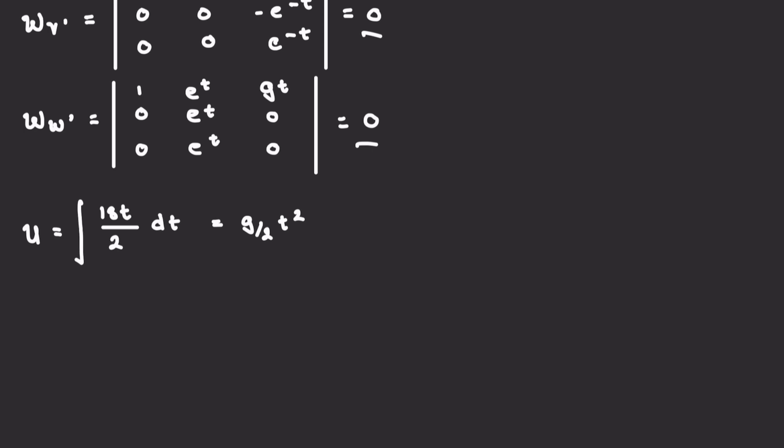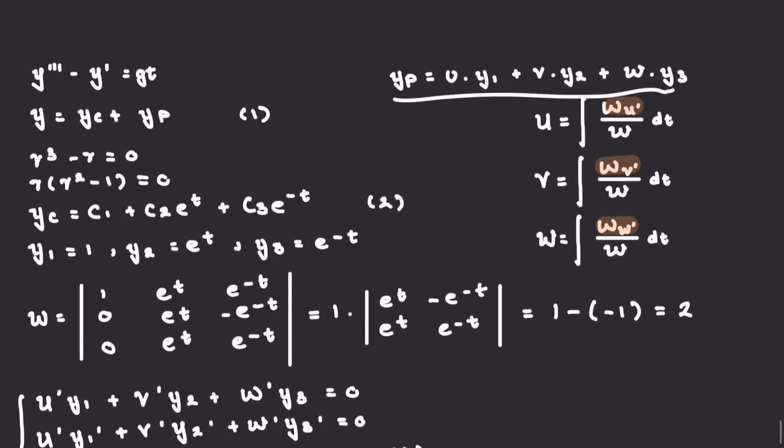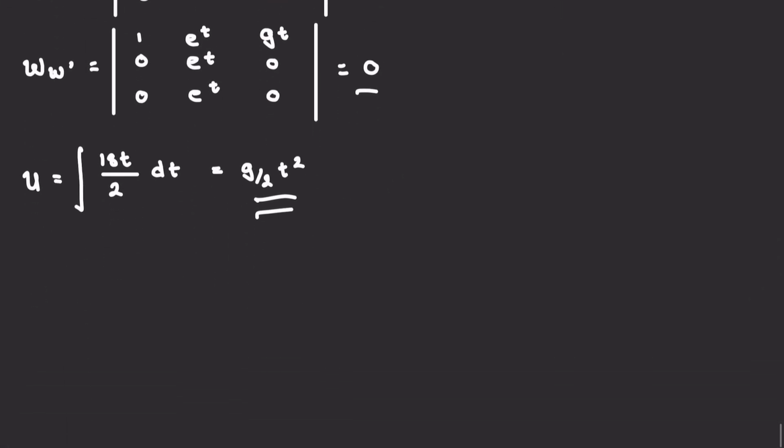And so substituting this back to our yp that we stated at the start of the problem, for our solution to the non-homogeneous part, and substituting our yp back into our superposition principle with our solution to the homogeneous part, we will get y equals yc.